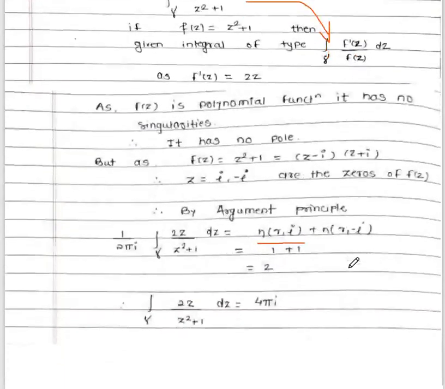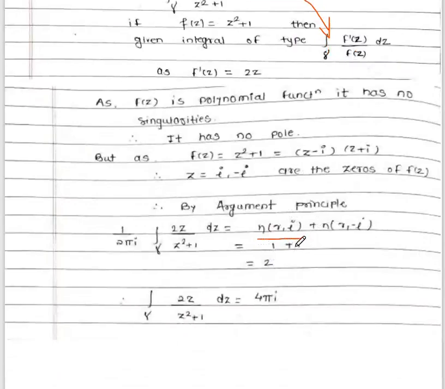So this point lies inside the circle, and this point also lies inside the circle. Therefore the index at i and at minus i is 1, so 1 plus 1, that is 2.